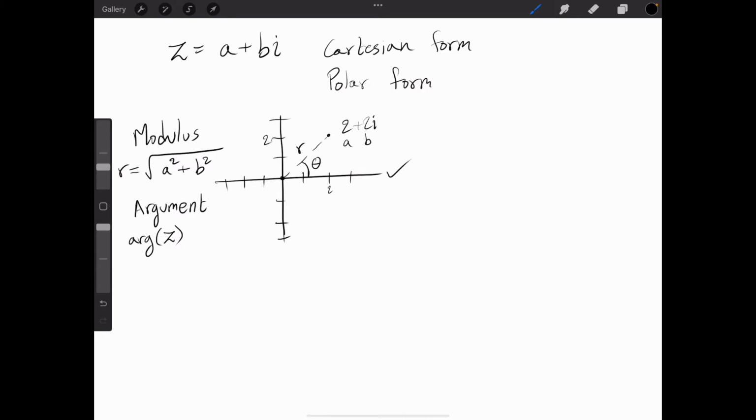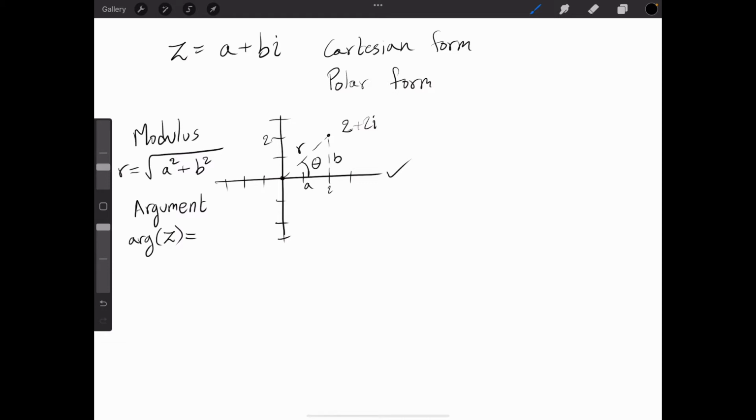It's found using trigonometry. I know a lot of you are scared of trigonometry especially when it comes to complex numbers, but trust me, it's not that bad. We know that this distance right here is b. Let's erase this for a second to make it visible. So this number is b and this number is a. Let's look at the relationship between a and b.